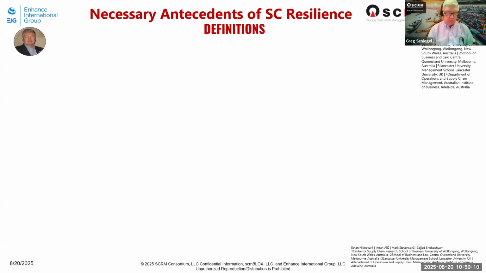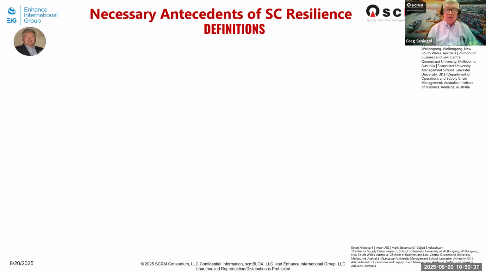Before we get into the definitions, these folks did a literature search resulting in this observation. They said, a lot of research out there has identified a range of what we call antecedents that foster supply chain resilience, but without distinguishing between those that are sufficient and those that are necessary.